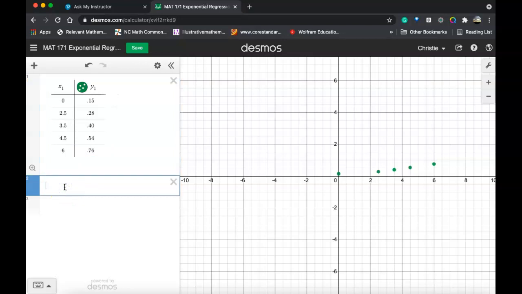Next, we were asked to use the model y equals ab raised to the x. There are two differences I need to make to turn this into a model. First of all, I want to use subscripts of ones.